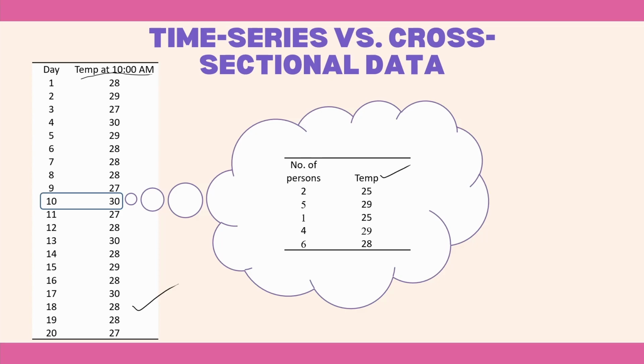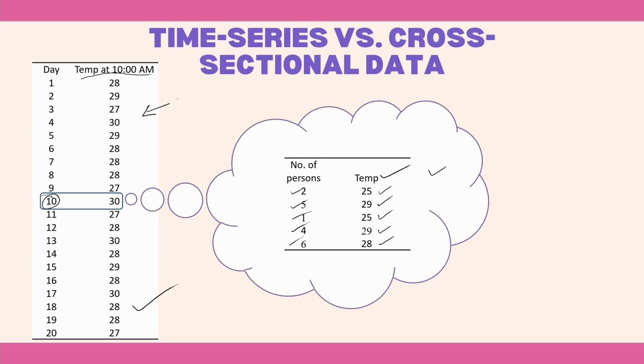So at different points in that day, when 2 persons are there, 5 persons are there, 1 person is there, 4 persons are there, 6 persons are there, he has noted down the temperature value of that particular room on that particular day. You see this type of data, the data is not varying with time or not flowing with time. It is collected on a particular day. So it is not a time series data, it will be a cross-sectional data.